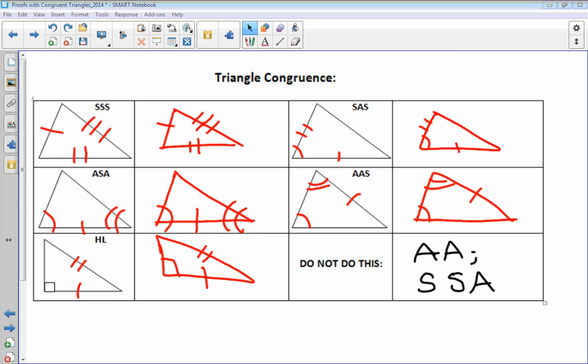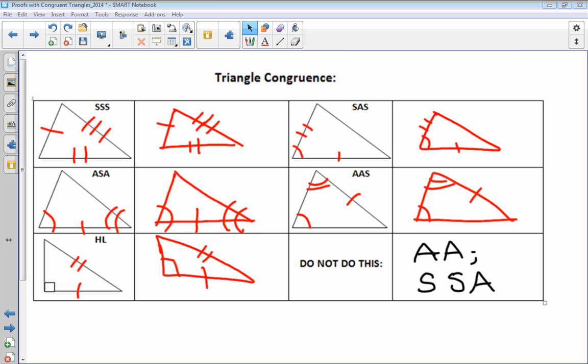Kira came by and gave you guys your homework. Your homework is on the 4-3 side. You're going to do all of that. Notice that there are 3 proofs. One of them is kind of set up for you. You just have to fill in the blanks. But for 4 and 5, I do fully expect you to do a statement column. You can do them right at the bottom if you want, one on each side. And then on the back, you're going to do only problems 1 and 2. Okay? We haven't done CPCTC yet.